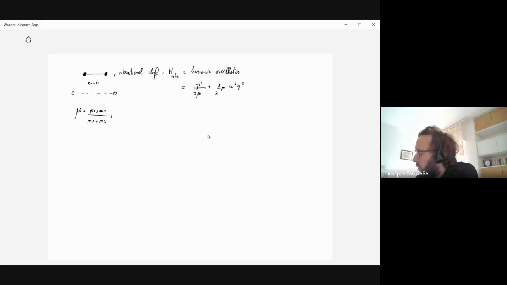And omega is a vibrational frequency of oscillation associated with this molecule. We will estimate this later.